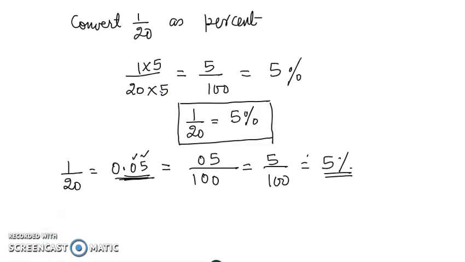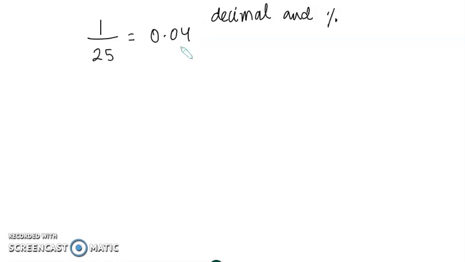Let us do one more similar example to understand better. Let us take 1 by 25. You have to change it into decimal and percent. For changing into decimal, you can just divide 1 by 25 on your calculator. So you will get 0.04.